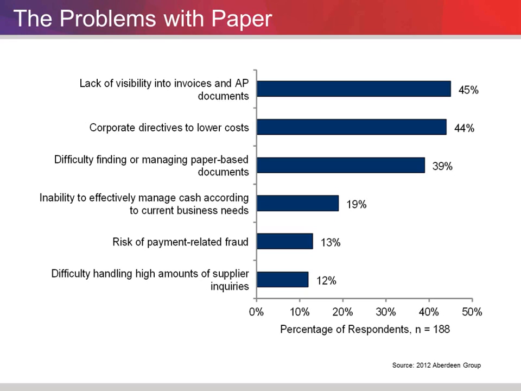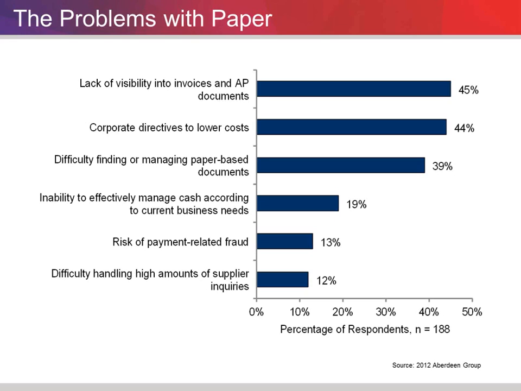Now, this is a fascinating result to me because for years, the number one challenge that AP departments would tell you about is costs. Well, we've taken out all the low-hanging fruit. And now what we're finding is that there's pressure from senior management to be able to drill down into all that data that I alluded to that goes through the AP department and be able to do something with it.